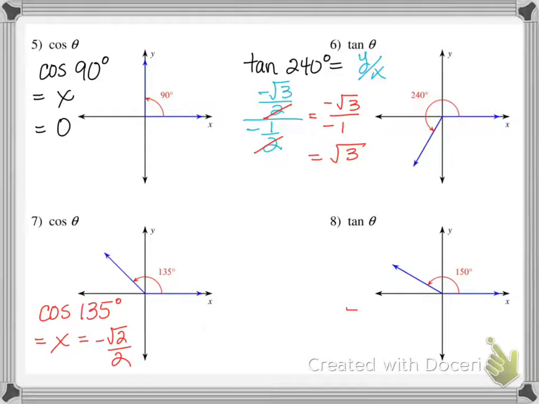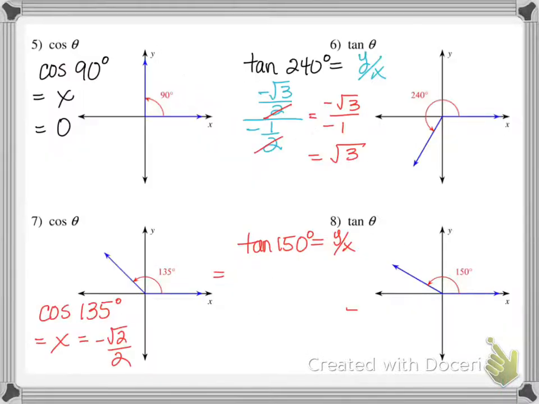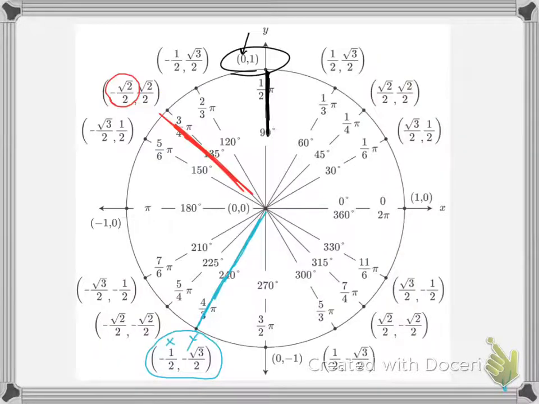Let's do the tangent of 150 degrees, which is y divided by x. So let's go to the unit circle and look at the tangent. Oh goodness, what was it? Of 150. Forgot about it for a second.